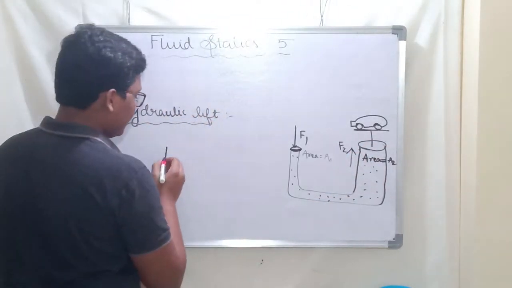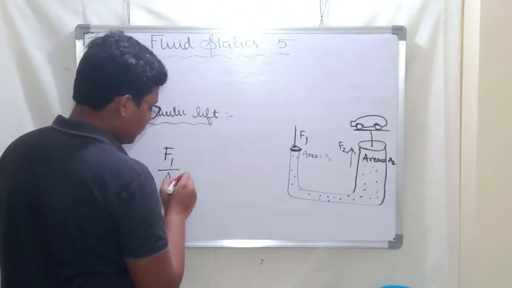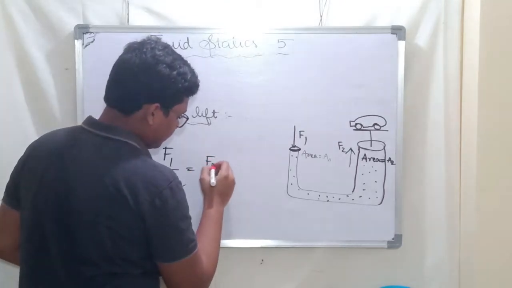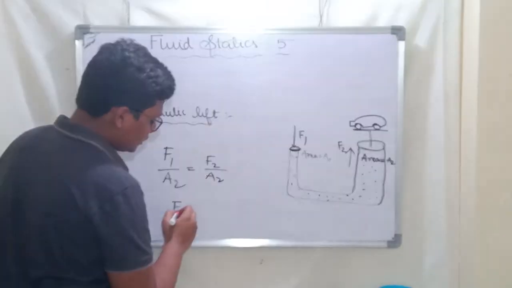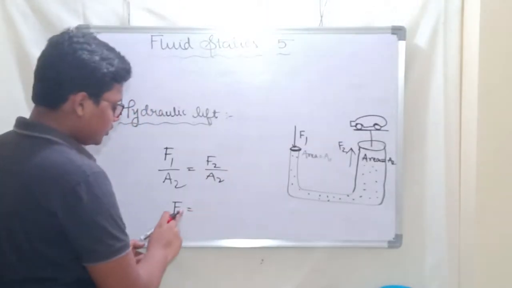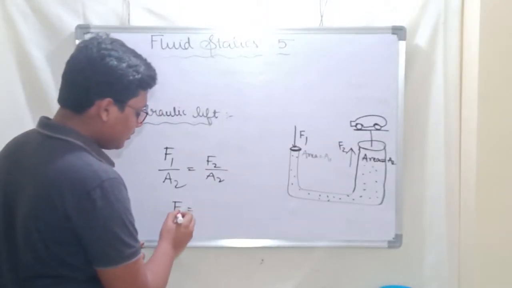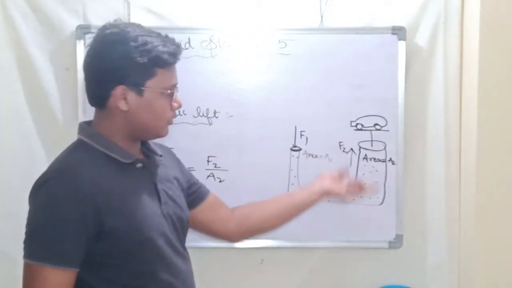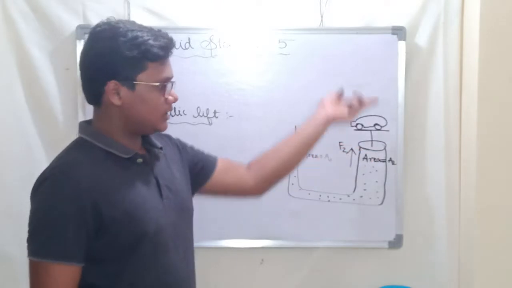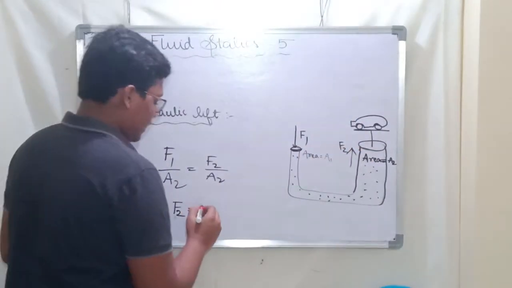So F1 by A1 is equal to F2 by A2, and the force to keep it in equilibrium, acting outwards to push it outwards, is F2.